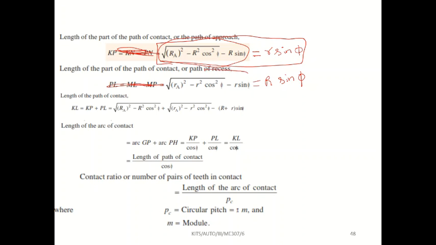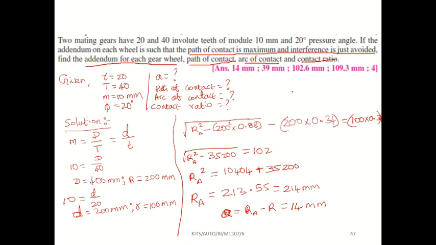Here also it is equal to r sin phi. Instead of finding everything, the values inside the root and putting everything, I can directly write small r sin phi, capital R sin phi. Small r sin phi means 100 into 0.344. 100 into 0.344 means we will get 34.4.